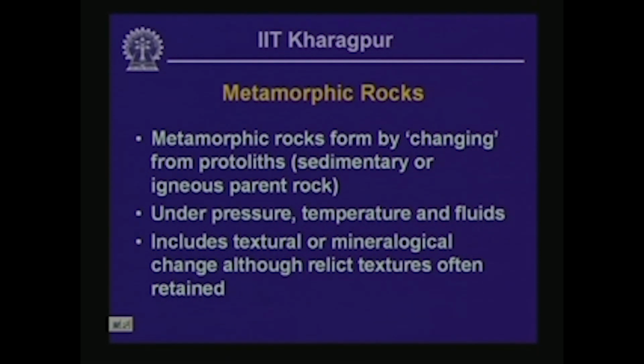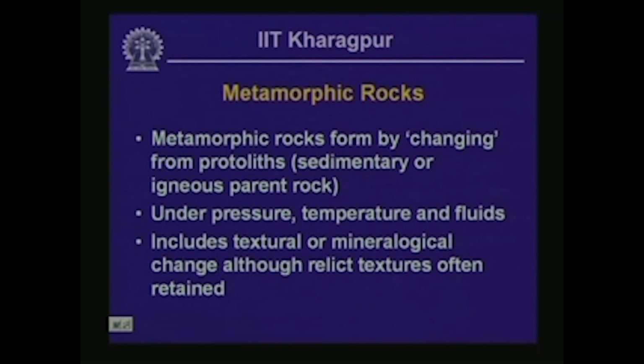These pre-existing rocks are often called protoliths, and they could be composed of sedimentary or igneous parent rocks, or in fact they could even be pre-existing metamorphic rocks. What causes metamorphism? Metamorphism can be triggered typically by increased pressure, temperature and fluid action.